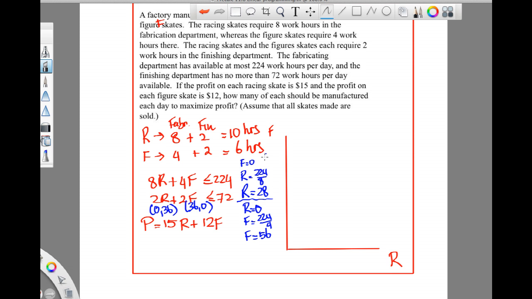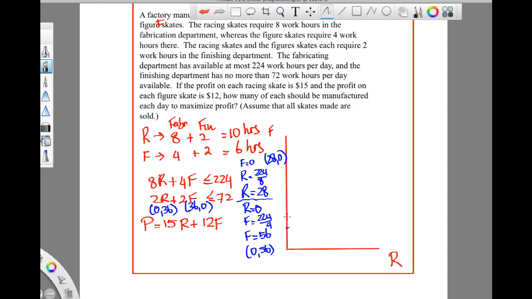So hopefully this makes sense. So this is the point 28, 0. And this point was 0, 56. Okay, so the biggest number I need to graph over here is 56, and the biggest number that I need to graph over here is 36. So what do we got?